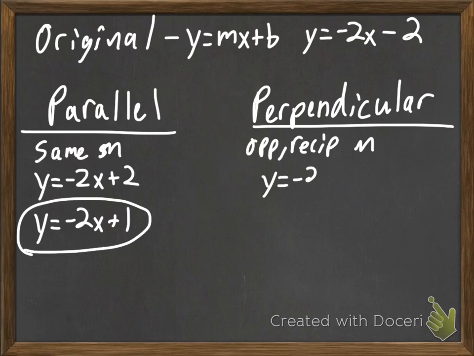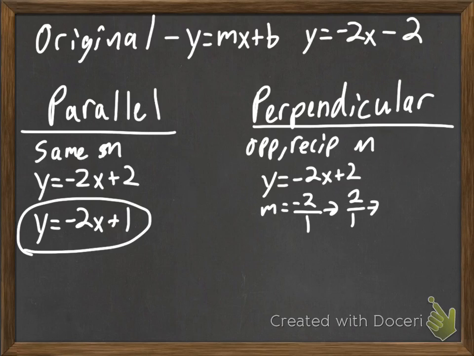So here we have y equals negative 2x minus 2 as our original. Now this is different because our slope has to change, but our y-intercept can stay the same. So we need to take our slope, that's negative 2, and if it's not a fraction, make it a fraction. It needs to become the opposite. So the opposite would be 2 over 1.